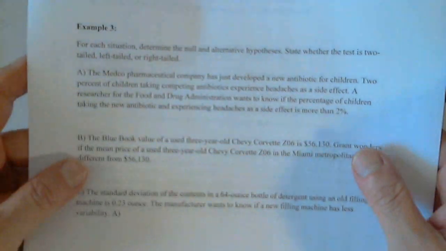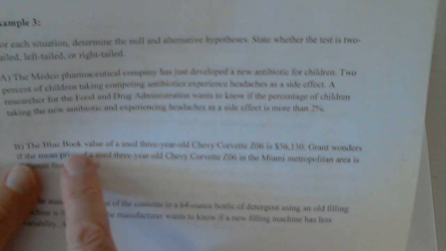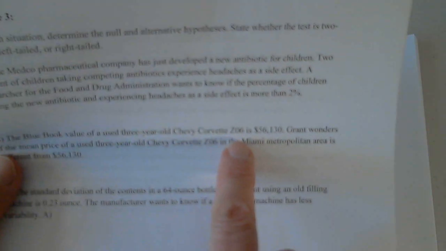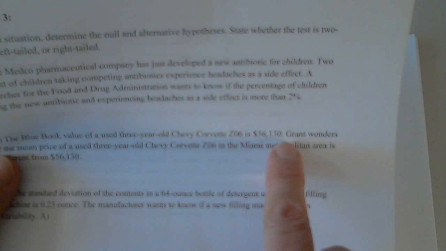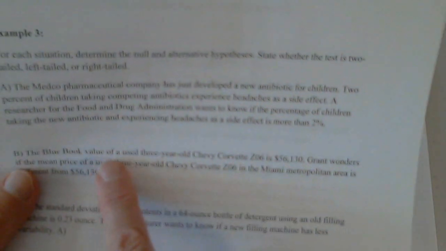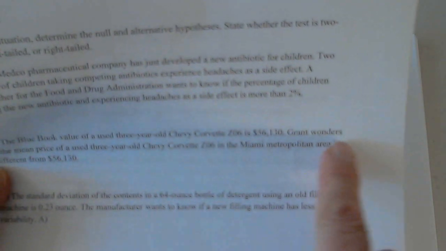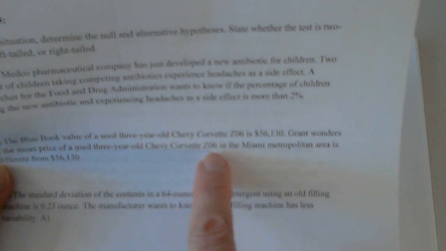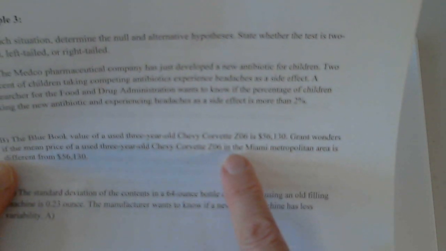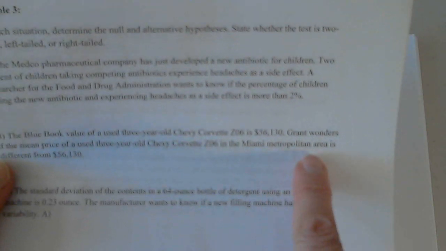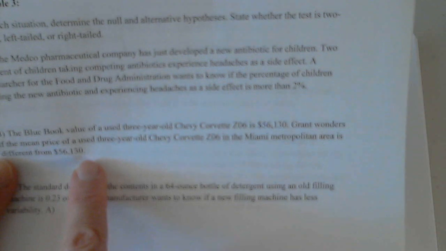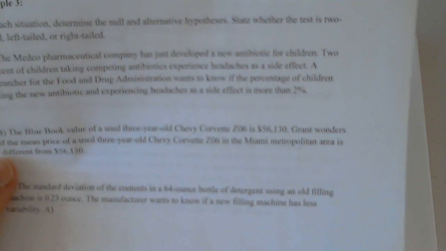Okay. Problem part B. The Blue Book value of a used 3-year-old Chevy Corvette Z06 is $56,130. Grant wonders if the mean price of a used 3-year-old Chevy Corvette Z06 in the Miami metropolitan area is different from $56,130.